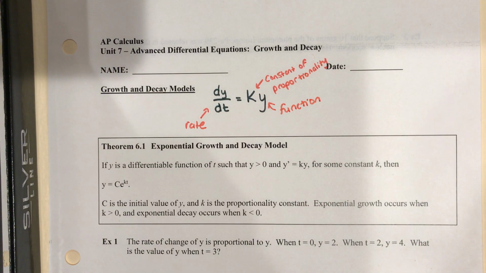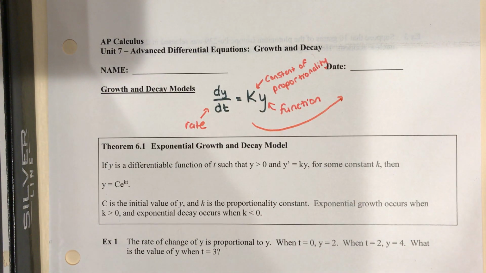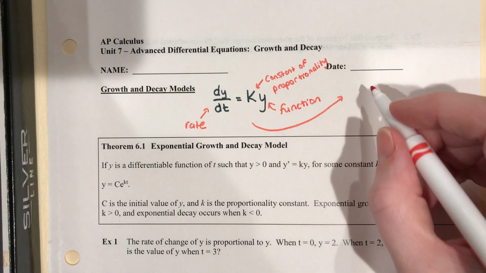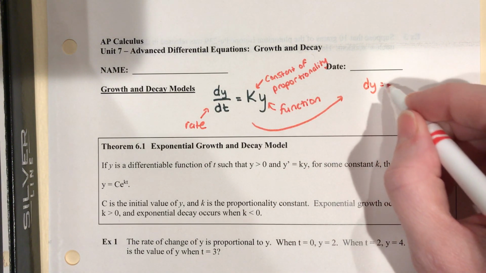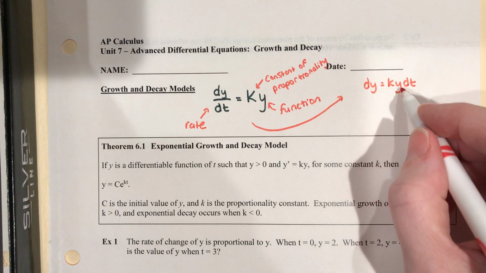So if I were to solve something like this, I'm going to take the integral of this because I want to undo the derivative. We're going to go through all of our steps that we did before. So I'm going to separate the variables. So first thing I always do again is to cross multiply. And the only thing I got to move over to the other side is this y.